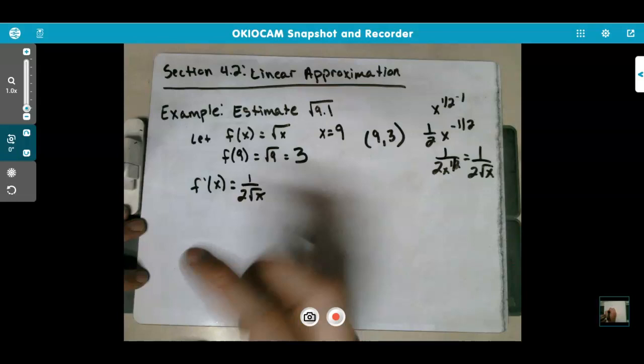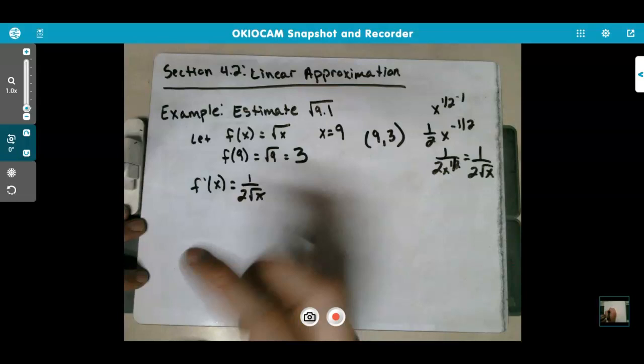So I have a point, and we have our slope, and so I can put this into point slope form now. Remember, point slope form is y minus the y that I know, so y minus 3 is equal to our slope times x minus that x, minus 9.